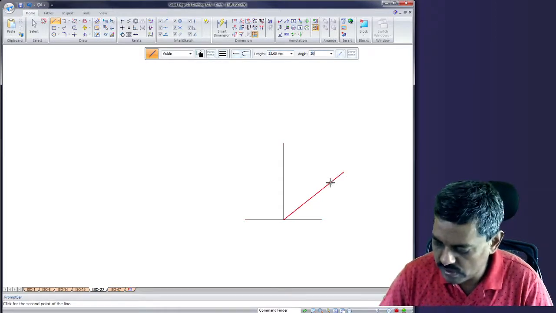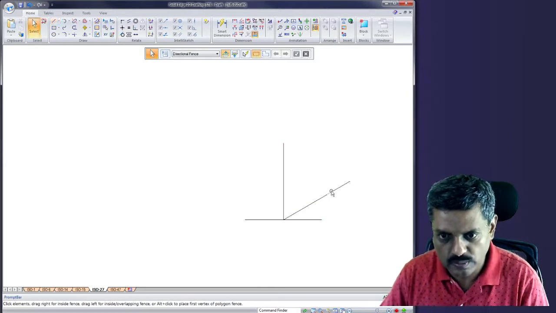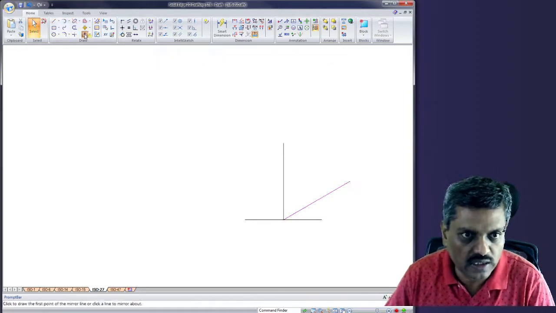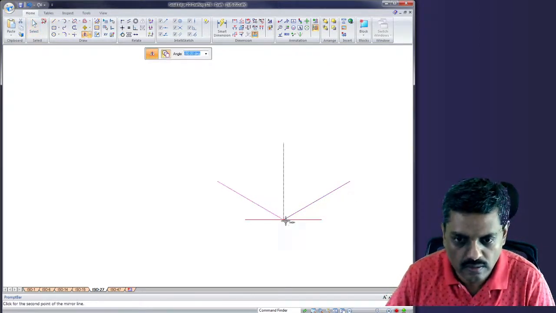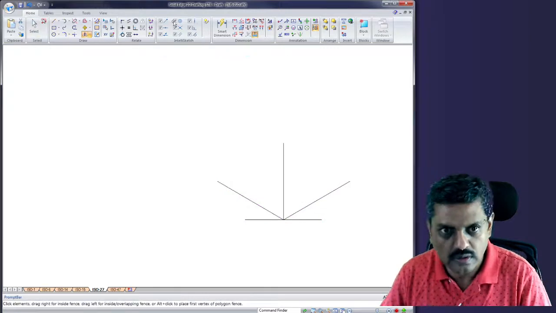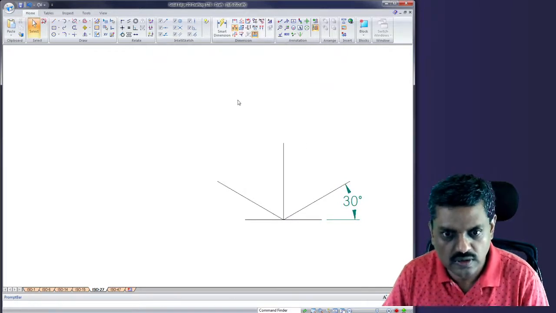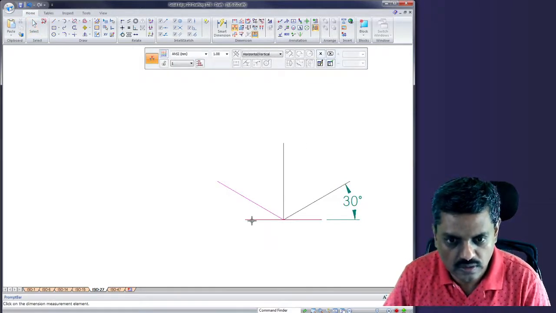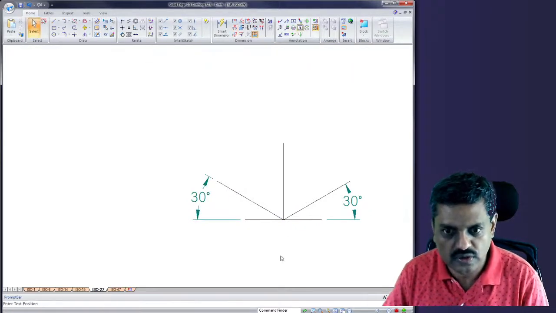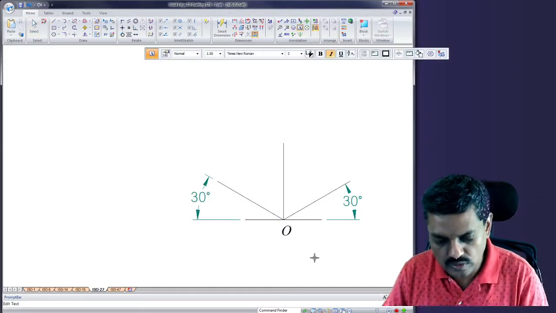So 25 at 30. Press escape and then mirror about the vertical line. This is for the right 30 degree. Of course, similarly, so this is the setup. Of course, you can also show that it is origin.